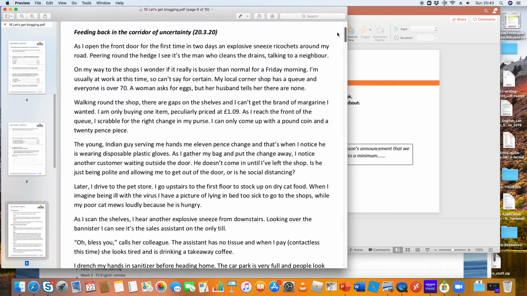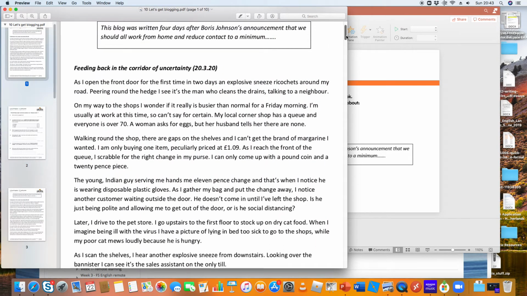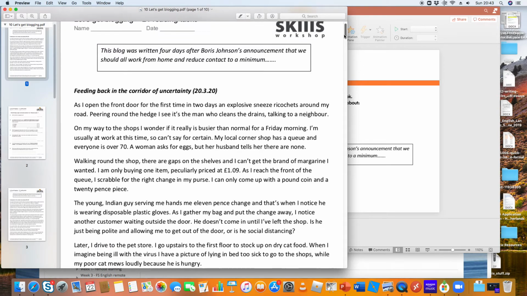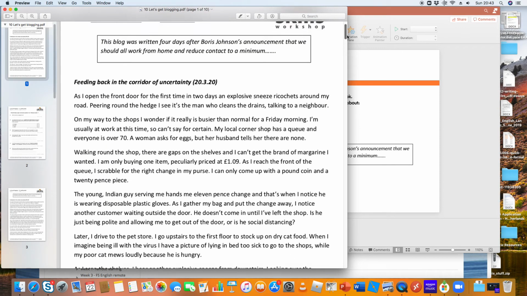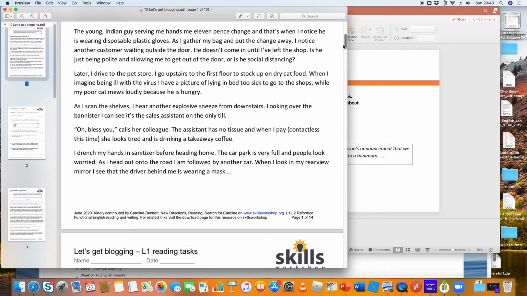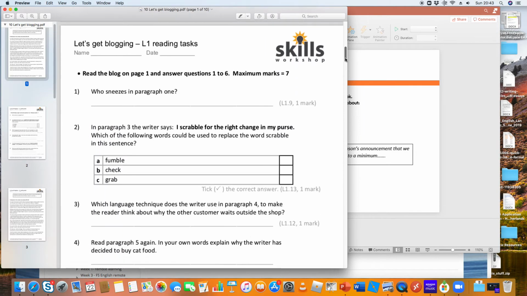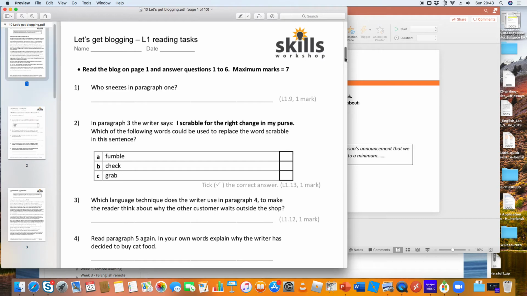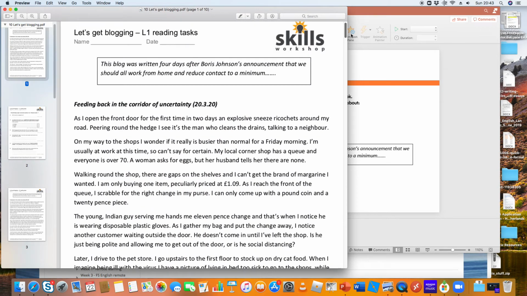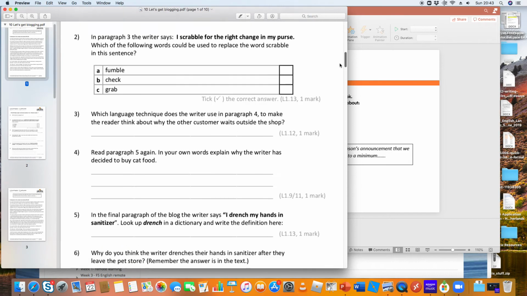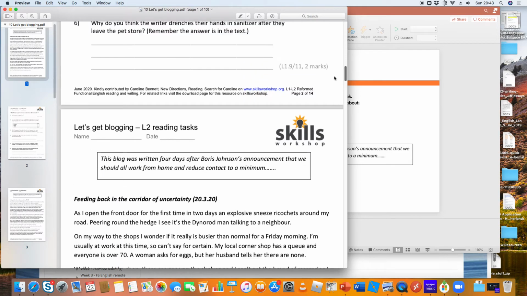Depending whether you're level 1 or level 2, the text is similar, but the questions are different.